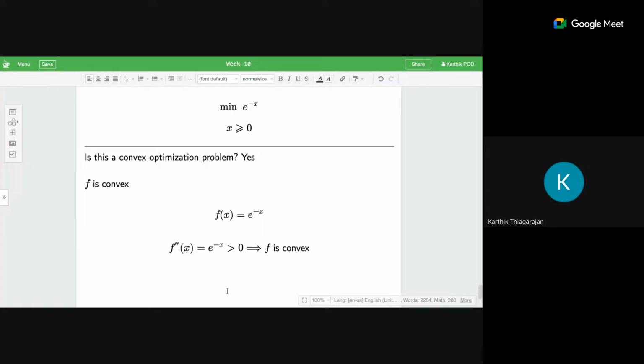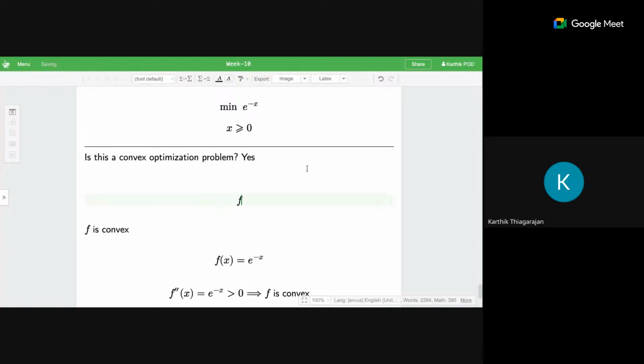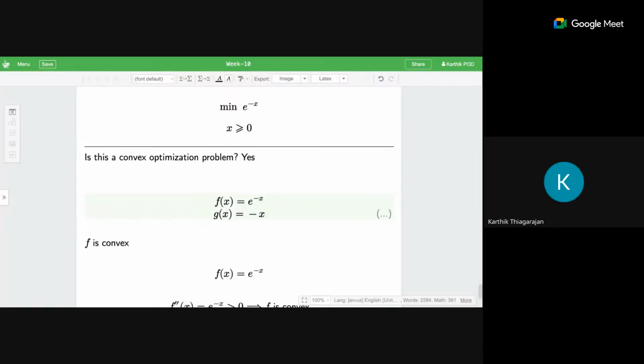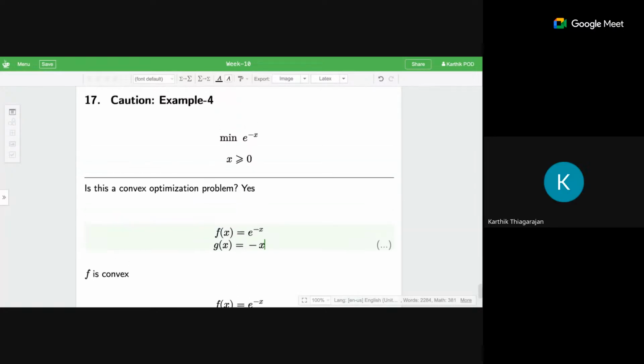g is anyway just x, so that is convex, or minus x. So first define f of x. f of x is e power minus x, and g of x is minus x. Why is g of x minus x? Why shouldn't it be just x?